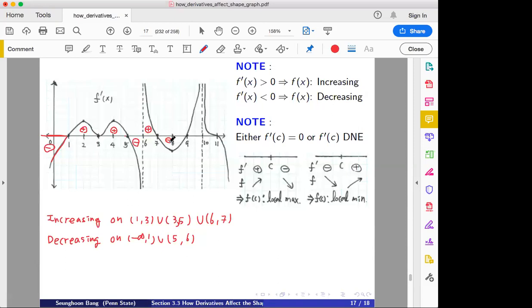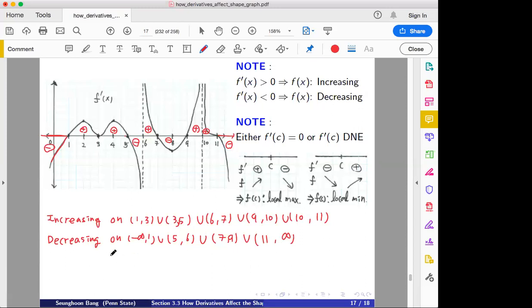This is below the x-axis, decreasing. 9 to 10, above the x-axis, increasing. 10 to 11, above the x-axis, increasing. The last one, 11 to infinity, below the x-axis, decreasing. Yeah, this is the whole idea.